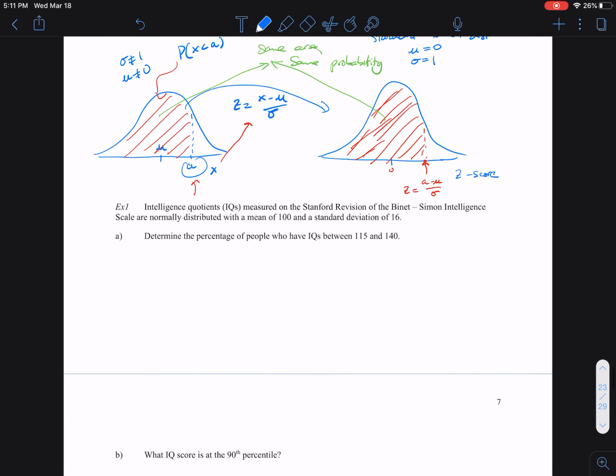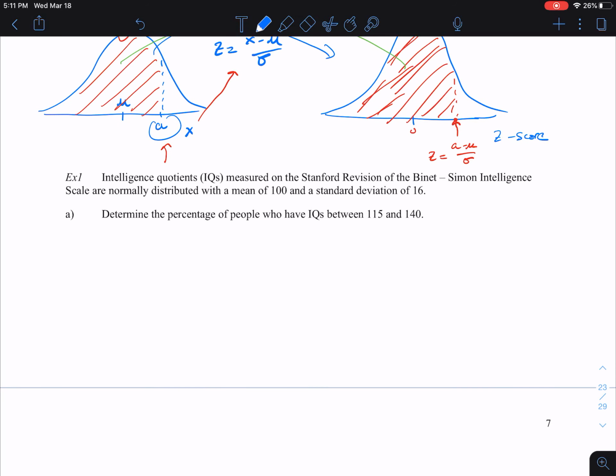In example 1 here, we're given a distribution of IQ scores that is normally distributed, with a mean of 100 and a standard deviation of 16. We're asked to determine the percentage of people who have an IQ score between 115 and 140. Suppose we call the IQ score variable x.